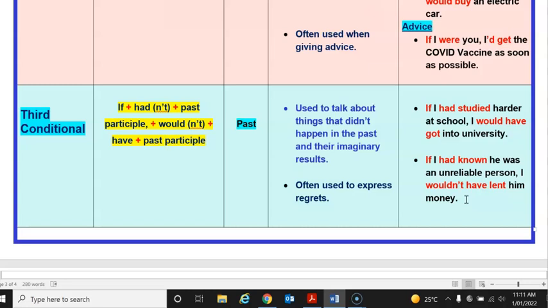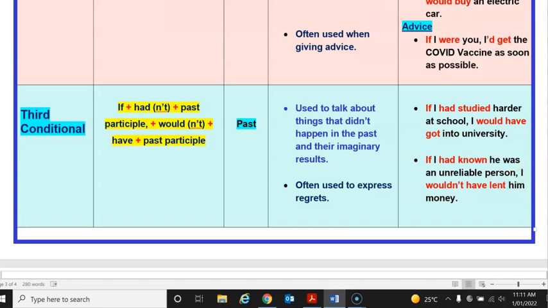So I didn't know that and I did lend him money, so it's kind of like a regret. If I had known, I wouldn't have lent him money. So again, we've got if plus had known, so had plus past participle or past perfect, comma, would or wouldn't have plus past participle, lent.